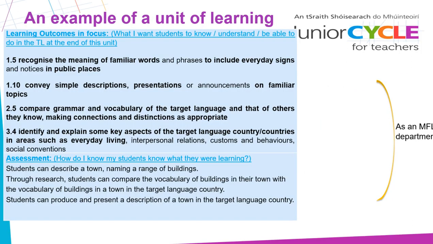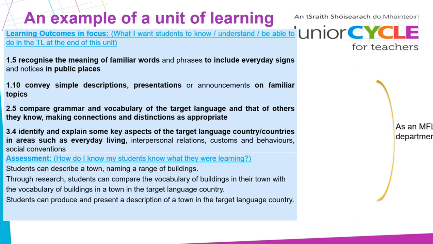Now let's plan together. Here, after going through the steps of unpacking learning outcomes, we have selected 4 learning outcomes from across the 3 strands, remembering to integrate the learning outcomes across the 3 strands.